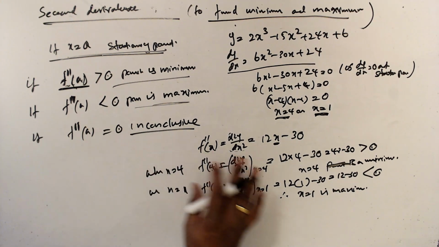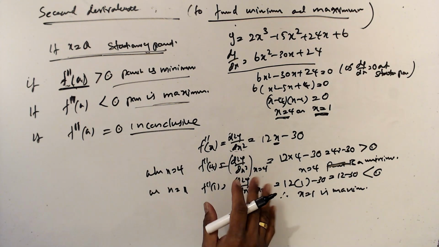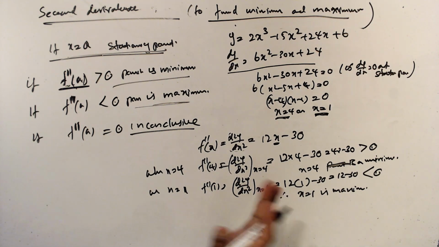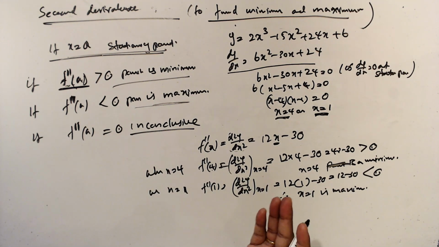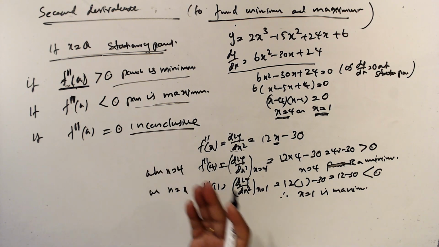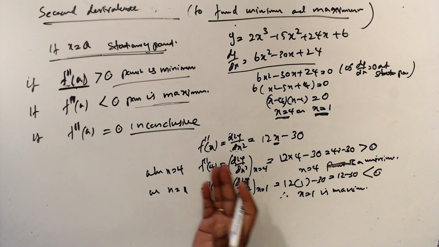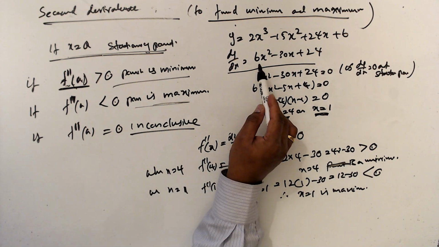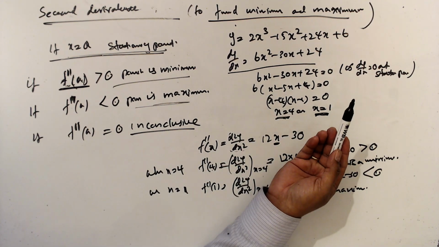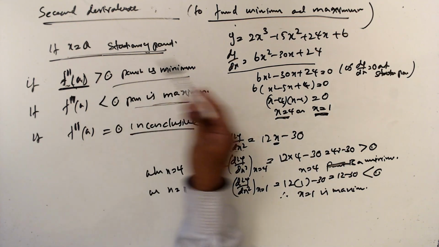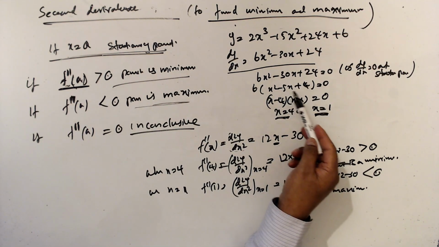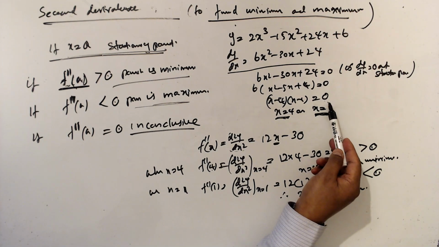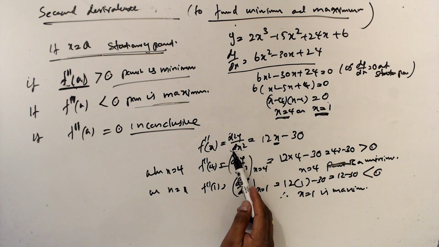When you look at these concepts, you don't need a high level of thinking. This is just basic. When you learn differentiation, what did you do? You differentiate and get dy by dx, you make it equal to 0, and then you get the second derivative.